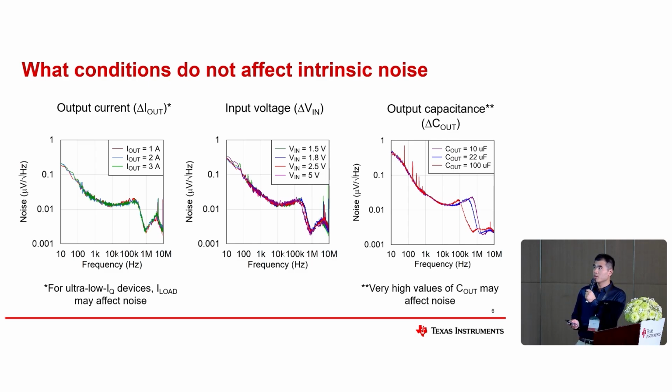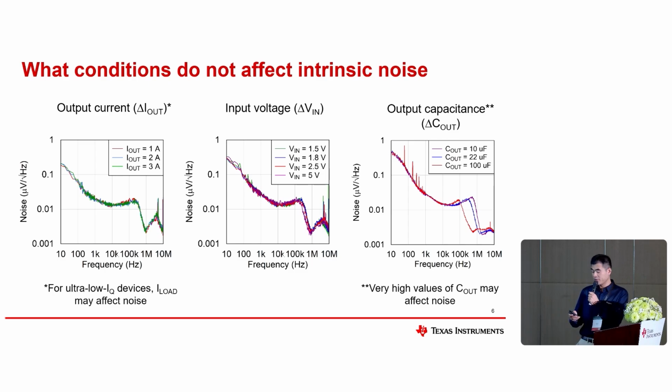For the input voltage, let's take a look here. Input voltage from 1.5 to 5 volts, the curve is pretty similar, so there is no influence from different input voltages. And for the output capacitance, as we can see here, even if we increase the output capacitance to 100 microfarad, from 10 Hz to 100 kilohertz there is no big impact on the noise.